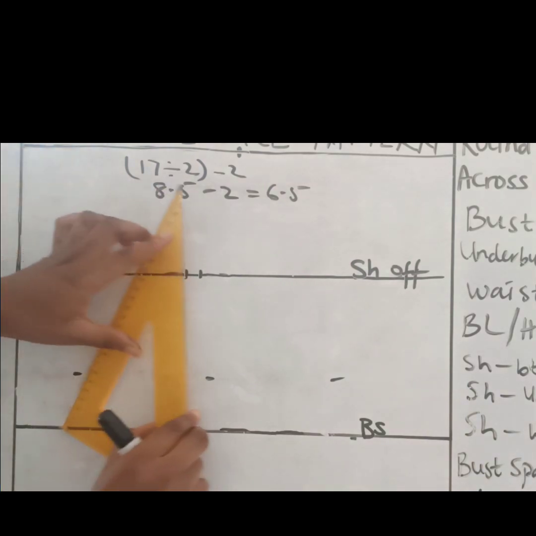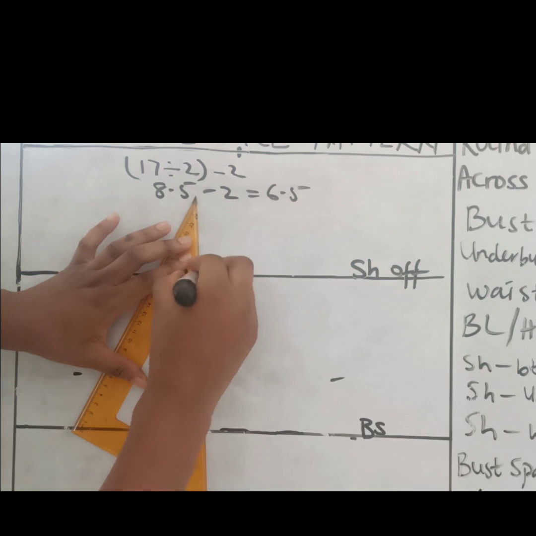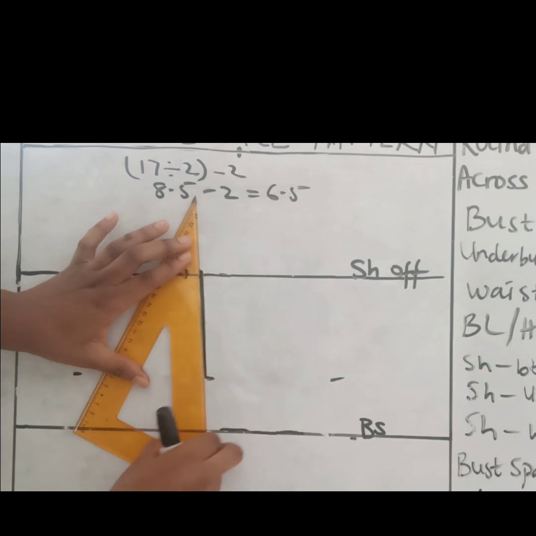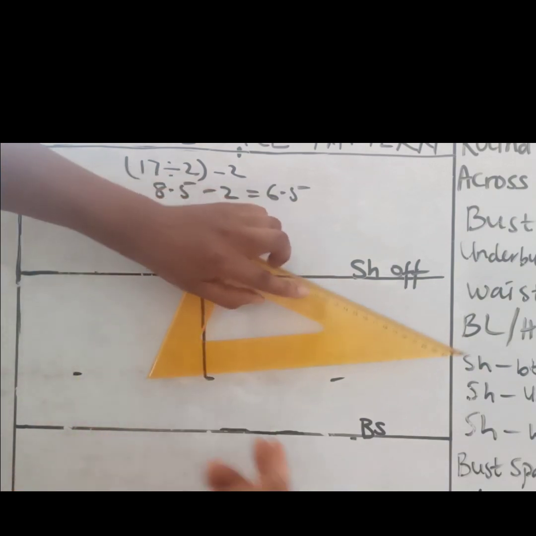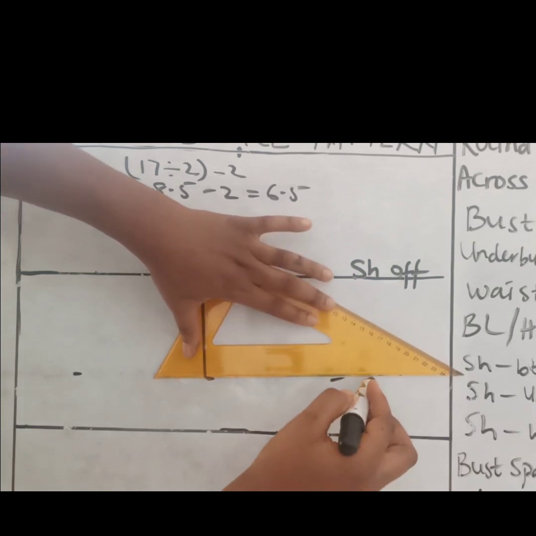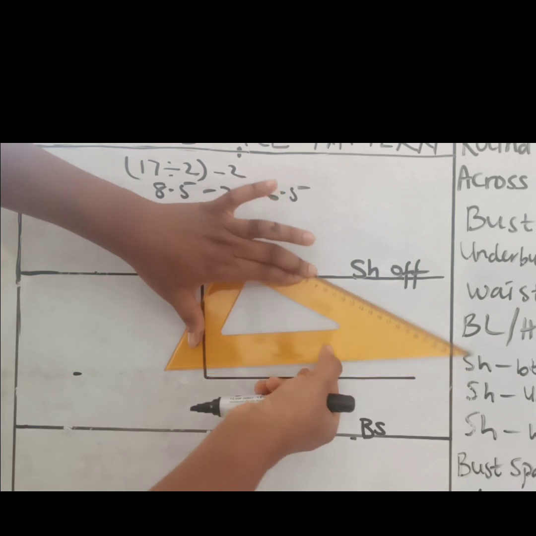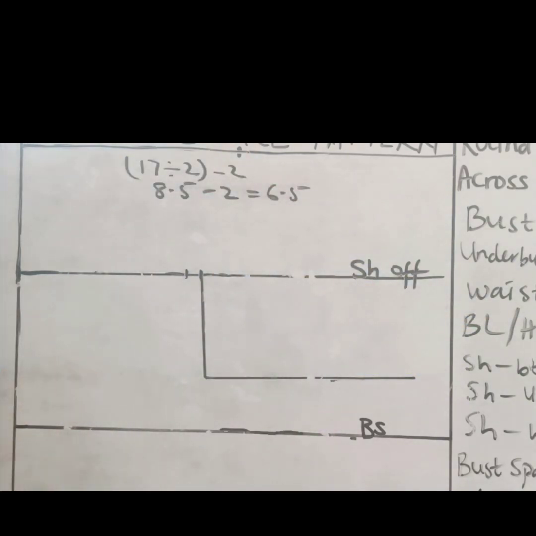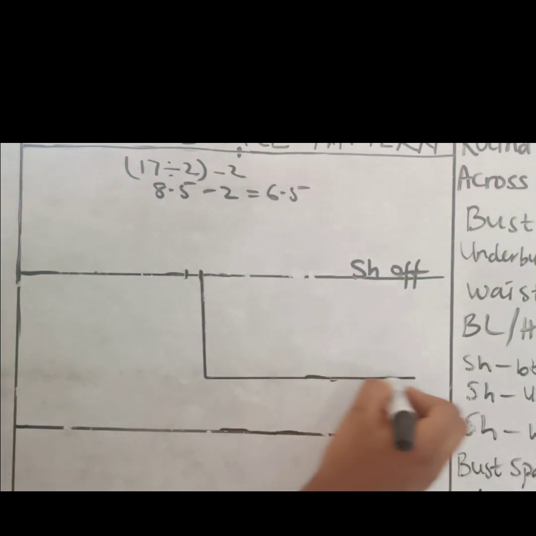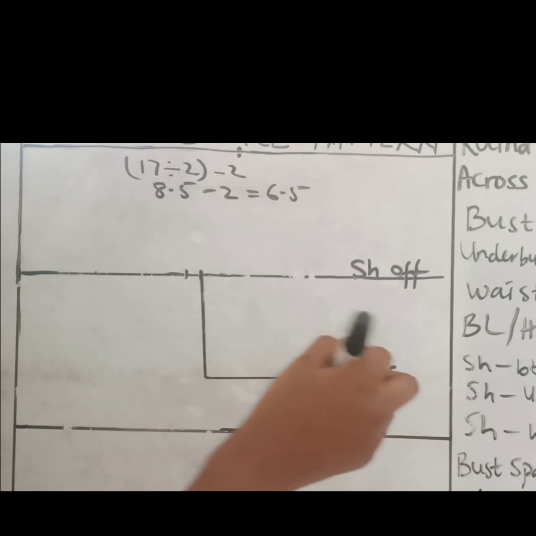So from this point, so that we'll be able to take the armhole curve. So this is now the chest line.